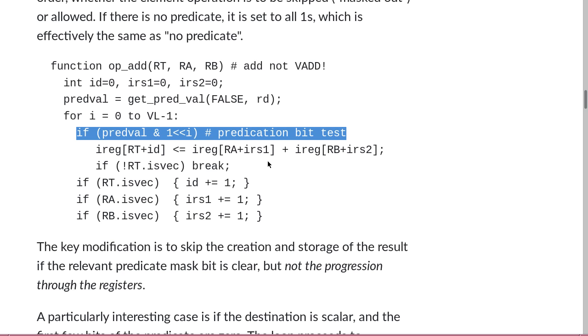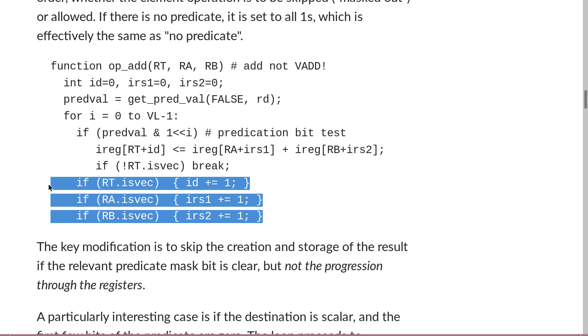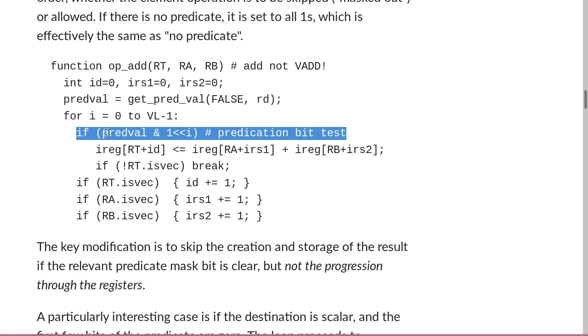The key modification is to skip the creation and storage of the result if the predicate bit is clear, but not the progression through the registers. Consequently, this is where it becomes much more powerful, because you've got 8 possible combinations of the consequences of this predication skipping.